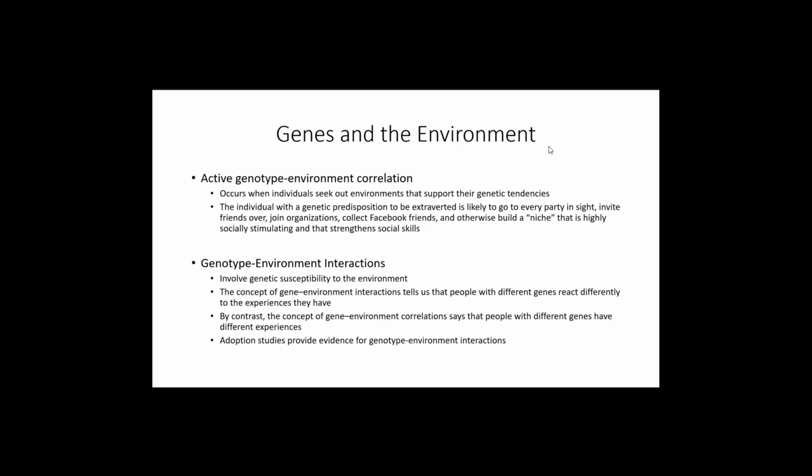Namely, I'm more likely to get depressed due to my environmental circumstances. So it's the same environmental circumstances, but my genetic susceptibility to an adverse environment makes me more at risk for getting depression.